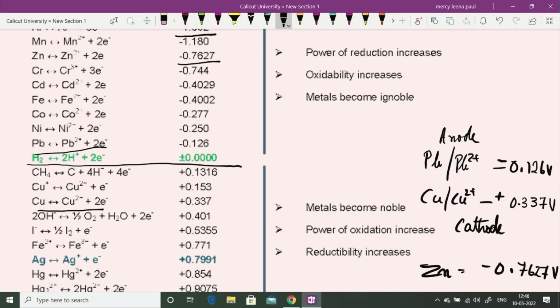You can see here the value of zinc is always negative, which shows that it is very lower in reduction potential value. So, zinc prefers oxidation rather than copper. So, what happens is copper, which is in the oxidized state in copper sulphate, it is being replaced by zinc and zinc occupies that position. Okay.